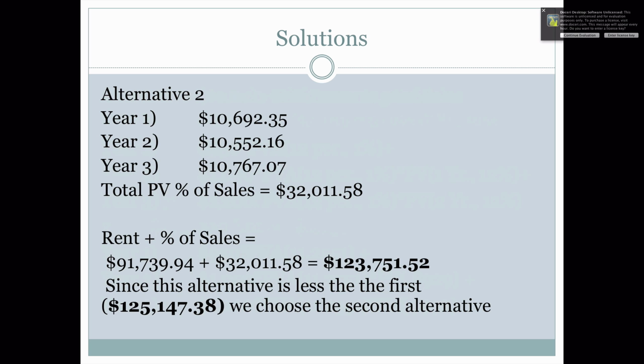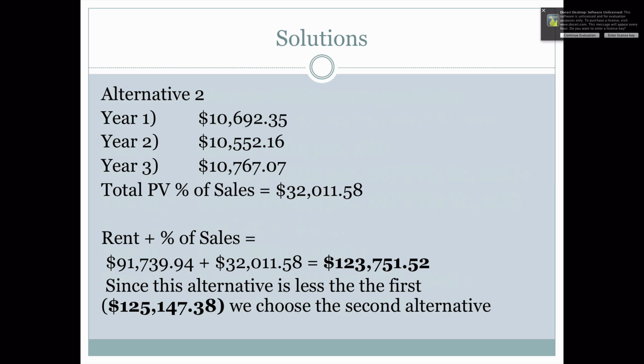Okay, we do our math. For alternative 2, we get 10,692.35 as our present value of percentage of sales for year 1. It's a little bit lower in year 2, 10,552.16, and then finally 10,767.07.